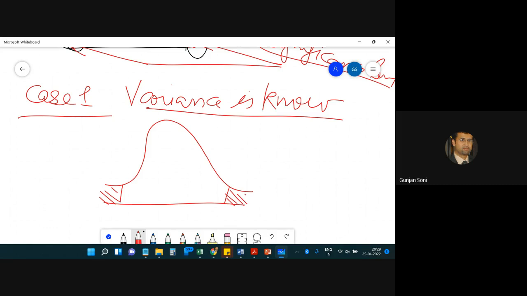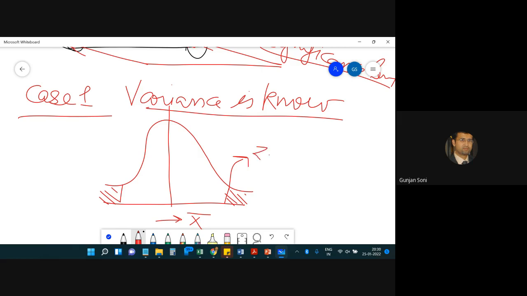Since it is symmetrical on both sides, and it is based on the central limit theorem, on the x-axis we have x bar. So sample means are plotted on the x-axis. Now x bar is the sample mean plotted on the x-axis, and I want to find out the limits over here. What will be this value?